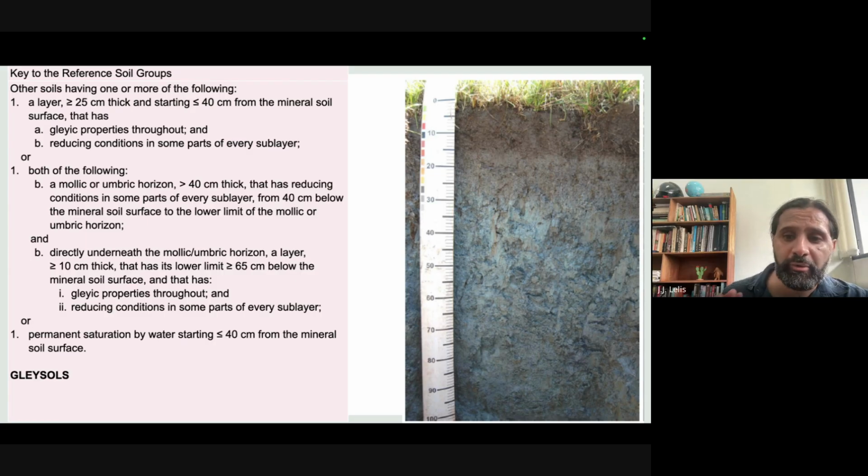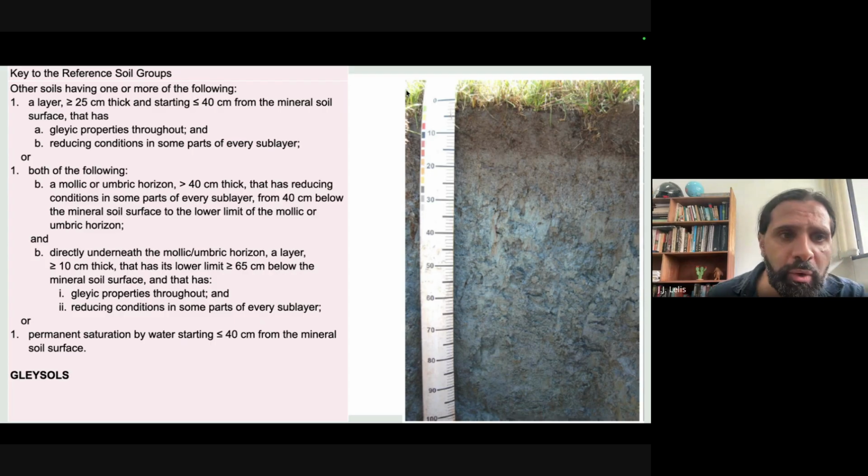Gleyic properties, as I already showed you in this class, are those properties that express reducing conditions. I have grayish colors with some red or yellow dots in the biopores, in the voids, showing that we have reducing conditions dominant in that soil, and only oxic features close to the voids.